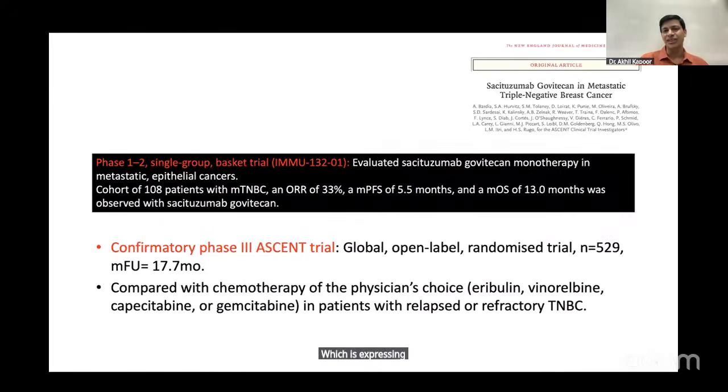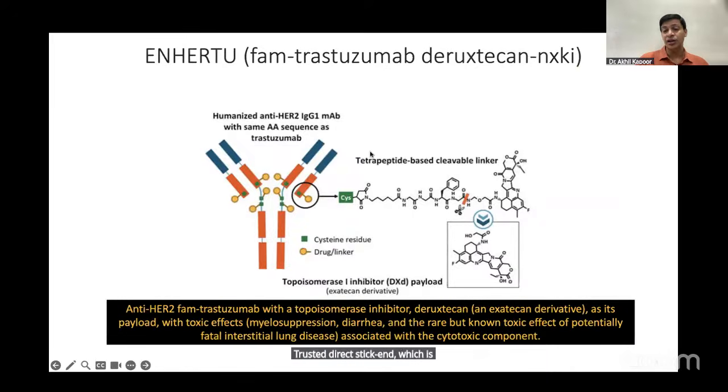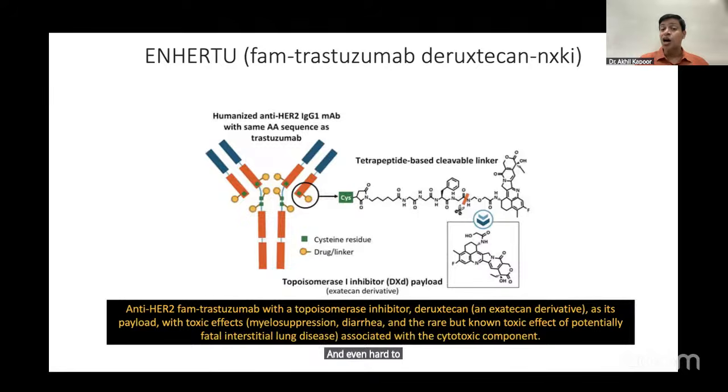So these are some examples of the trials which showed significant improvement in the outcomes with addition of these drugs. This is what I had previously discussed about trastuzumab deruxtecan, an antibody drug conjugate which has significantly revolutionized our practice in HER2 positive breast cancer and HER2 low breast cancer.